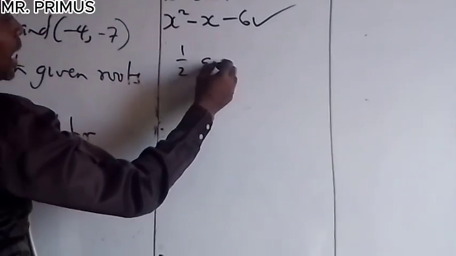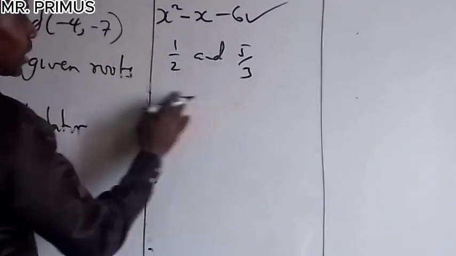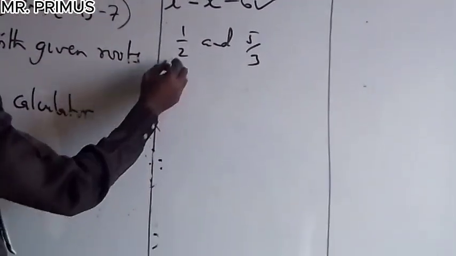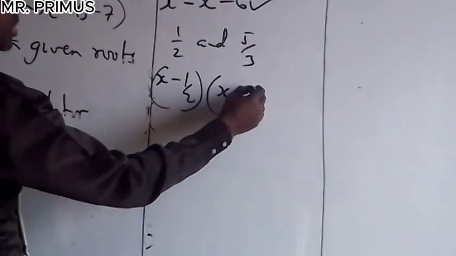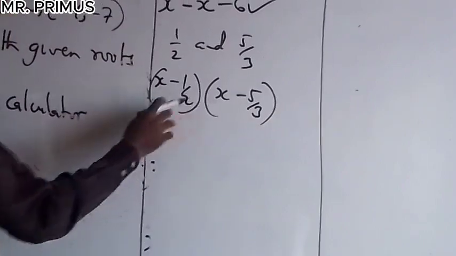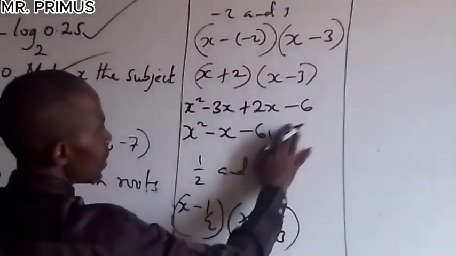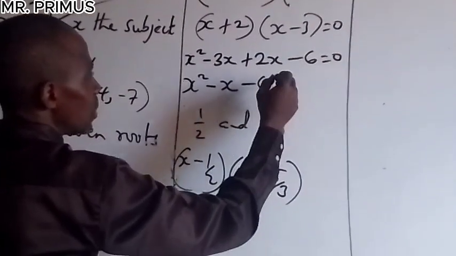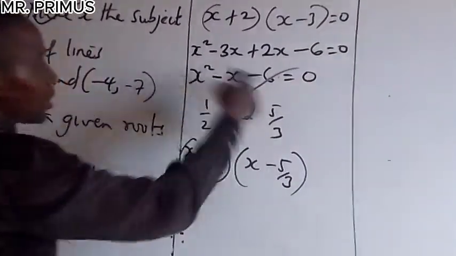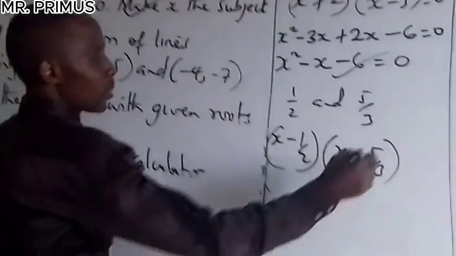If you are given something like this, 1 over 2 and 5 over 3, let's solve this. This means x minus 1 over 2, x minus 5 over 3. Open this bracket. Equal to 0, sorry, equal to 0 rather, because it's quadratic. So now put it to 0.